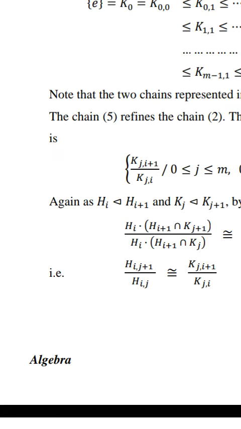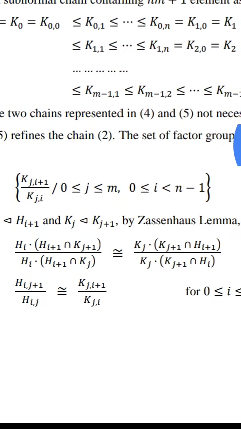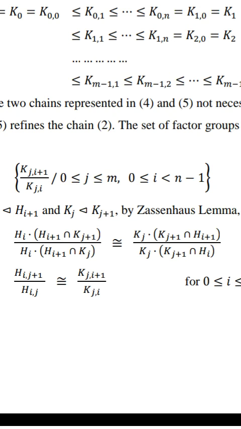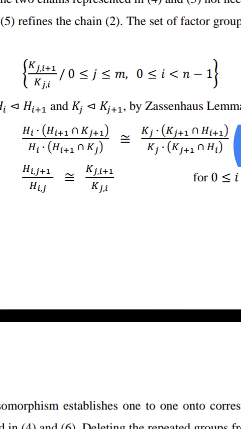As Hi is normal in Hi+1 and Kj is normal in Kj+1, by Zassenhaus lemma, Hi(Hi+1 ∩ Kj+1)/Hi(Hi+1 ∩ Kj) is isomorphic to Kj(Kj+1 ∩ Hi+1)/Kj(Kj+1 ∩ Hi), and therefore Hij+1/Hij is isomorphic to Kji+1/Kji.